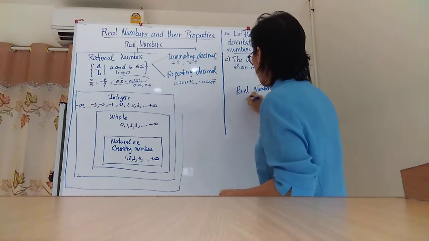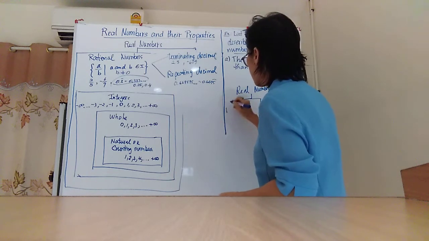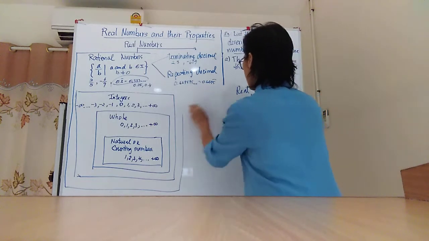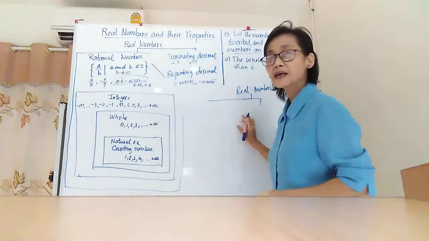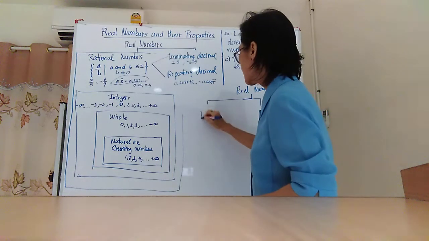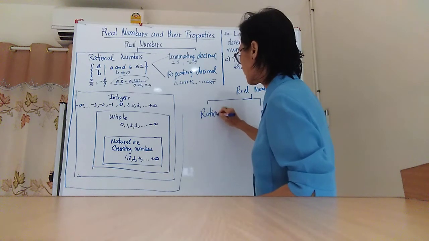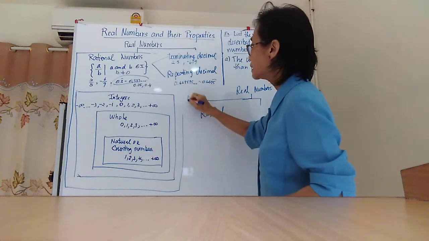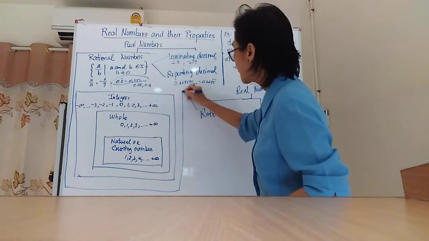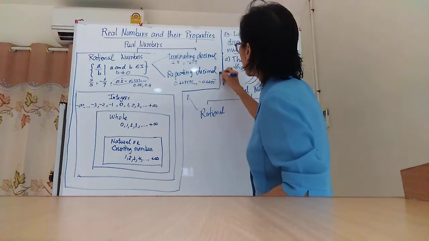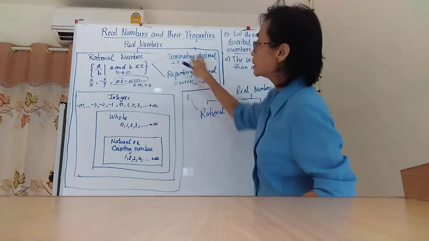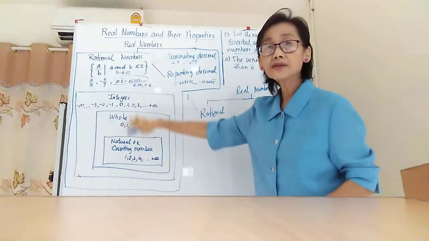Real number, we break it down, rational, right? The board does not have enough space, so I have to do it this way. So rational number, we already know from here. So from this one, maybe I have to draw like this, right? Up here. So this includes everything for the rational numbers.